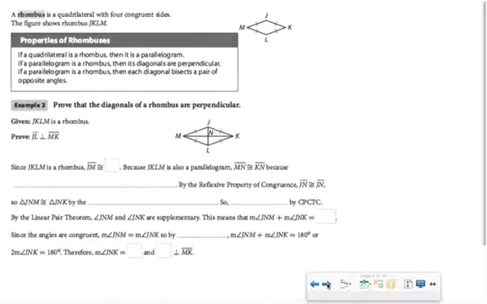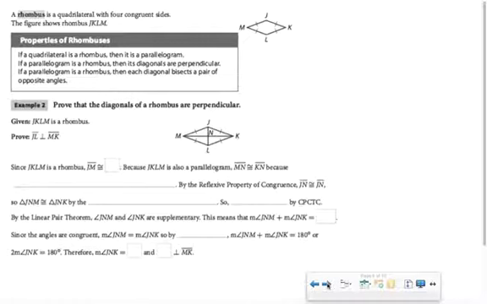The fact that the diagonals are perpendicular, and that the diagonals bisect a pair of opposite angles, each pair of opposite angles. So in this screen, we are proving that the diagonals are perpendicular.